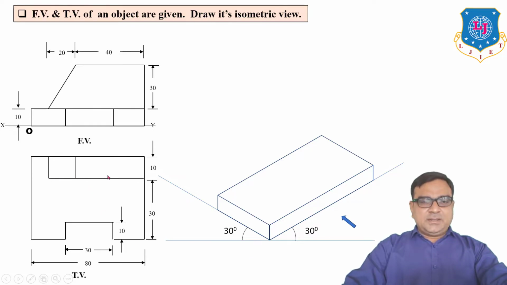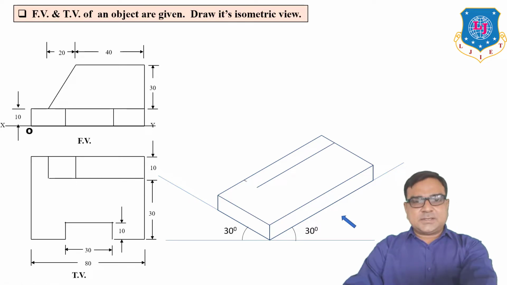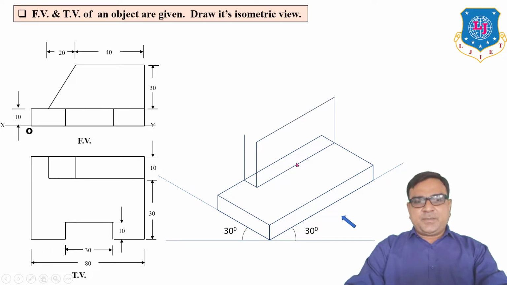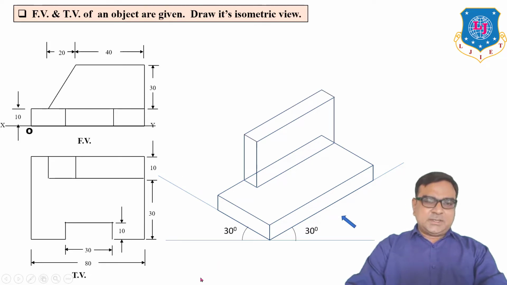Now length 60 plus 20 and width 10 mm. Draw one block here, 60 and 10. Draw a vertical 30 mm height. Draw a line parallel to this. Now insert the final outline for this block.